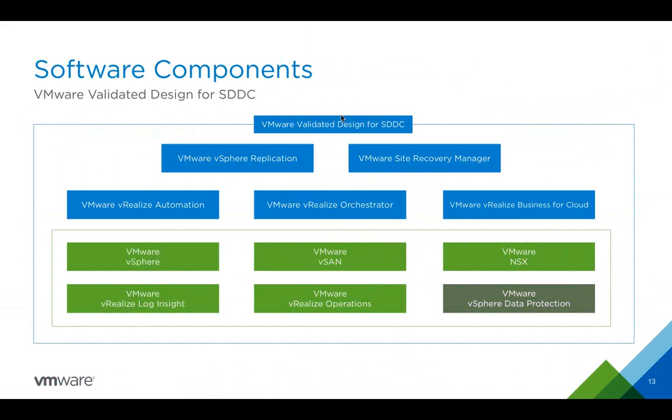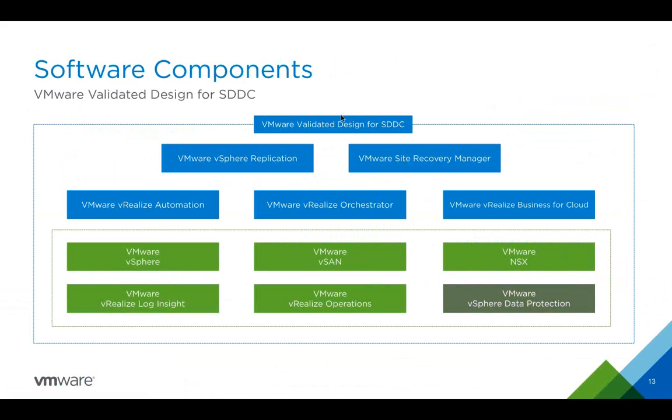We use vRA's automation for a cloud management and automation platform. vRA's orchestrator in there is our workflow engine. vRA's business for cloud is going to give you that IT financial management and reporting, right, for people that care. How much does it cost me to run this thing, right? vSphere replication is used because we do support a dual region design, and we actually support the ability to deploy the SDDC stack, the management stack, but be able to fail it over using all the goodness of vSphere, vSAN, and NSX, and combining that with vSphere replication and Site Recovery Manager.